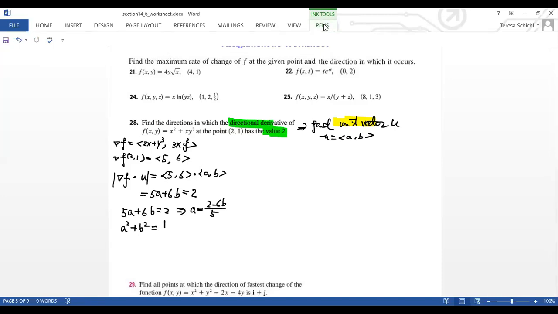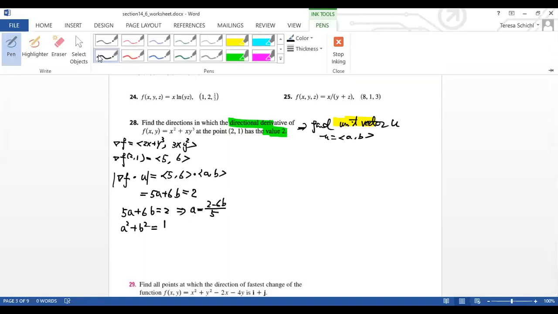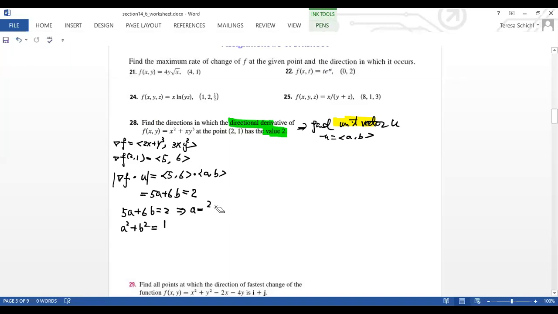Okay, so let's solve for the a's here. It's about the same thing. So b is equal to (2 minus 5a) over 6. Now a squared plus b squared equals 1, right?